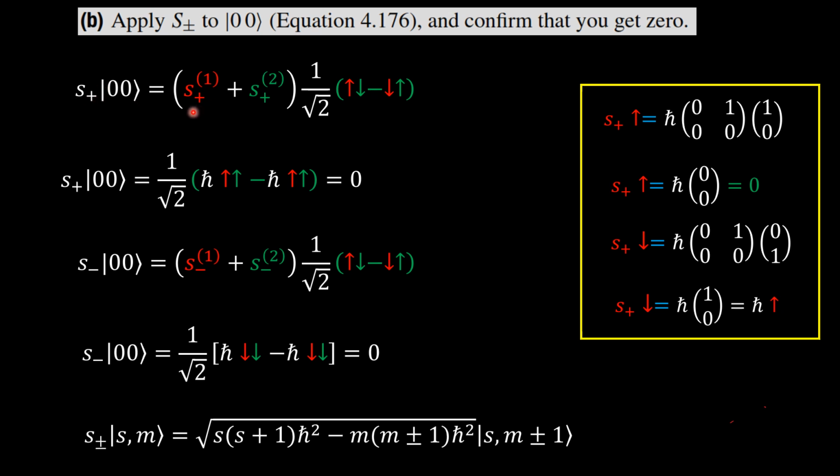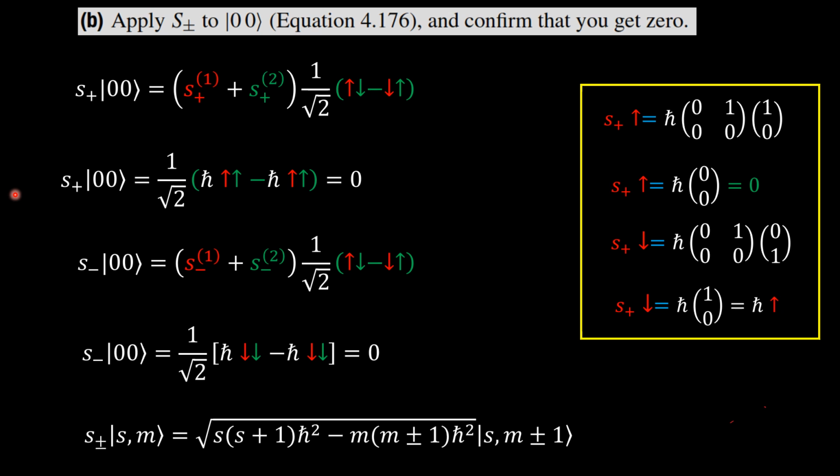As usual we have divided this into the raising operator for the electron and the raising operator for the proton. For the state 0 0, you get the linear combination of 1 over square root of 2, spin up spin down minus spin down spin up.